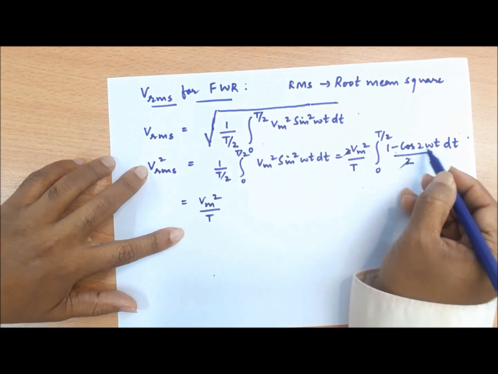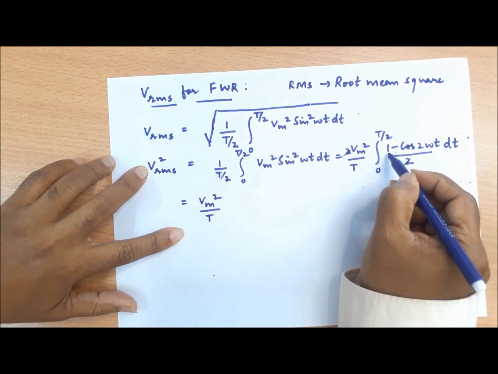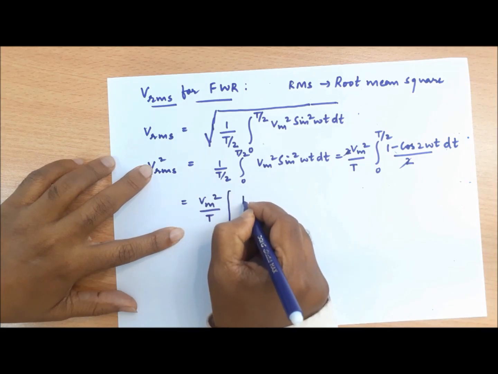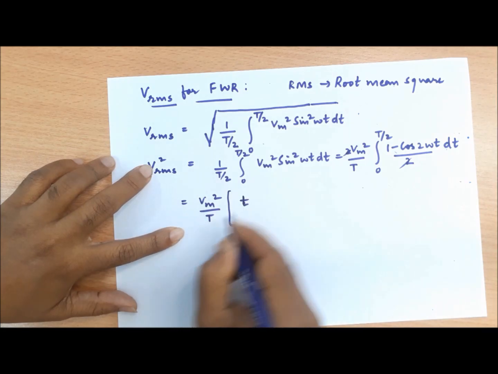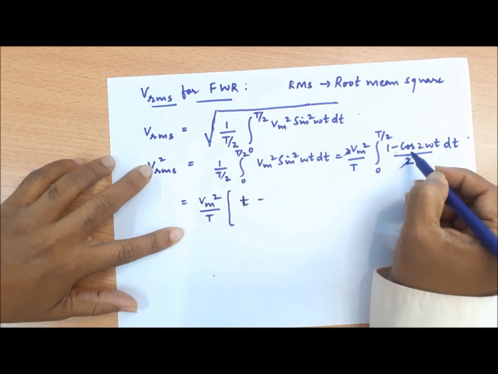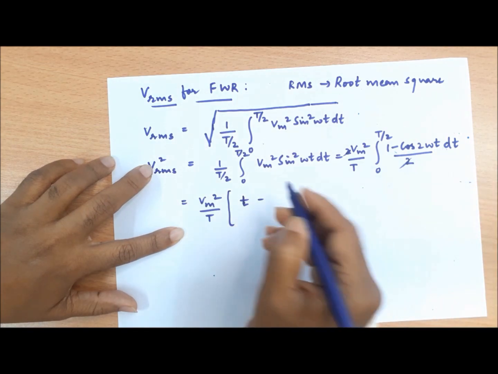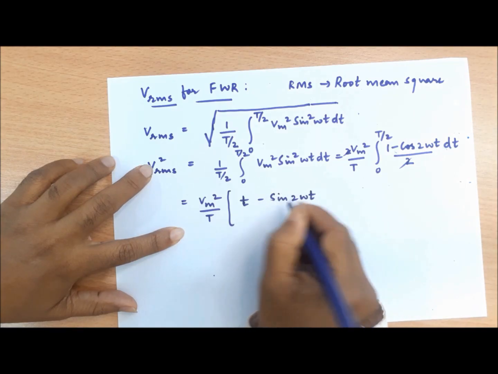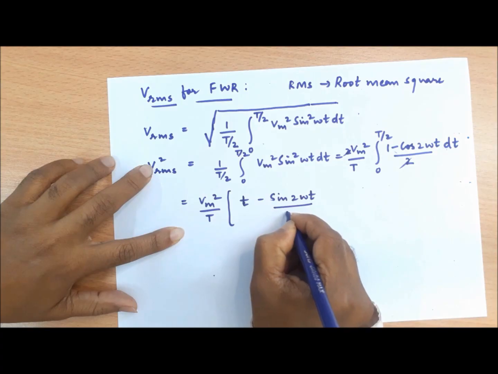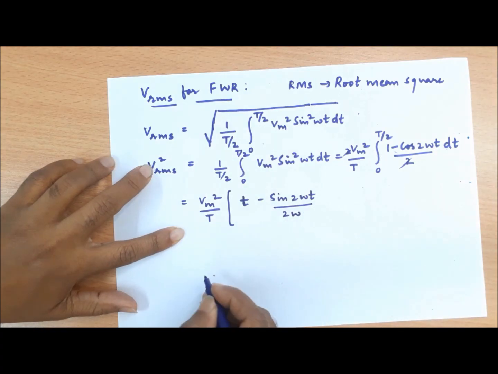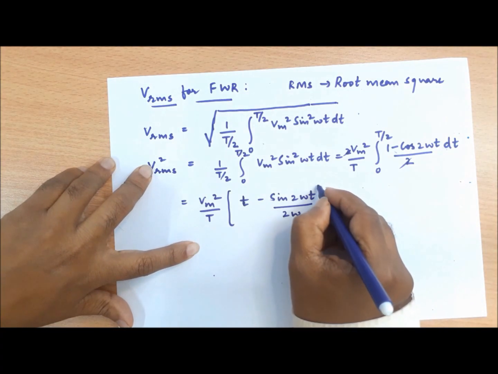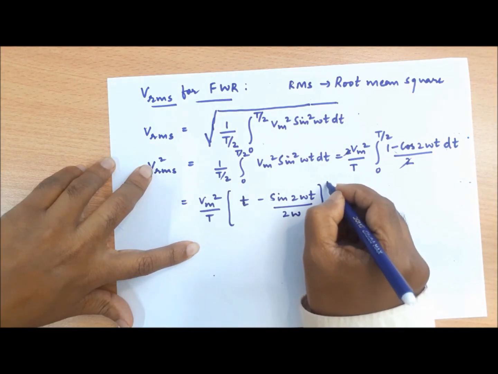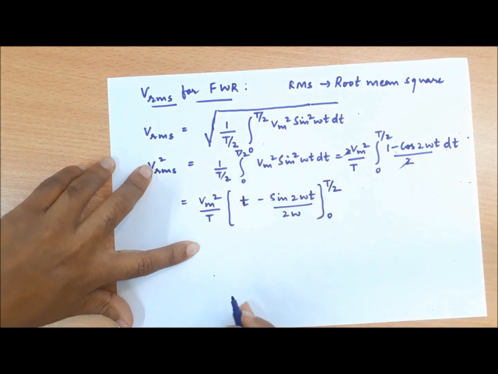Now performing integration, the integration of 1 with respect to dt is t, minus the integration of cos 2 omega t, which is sine 2 omega t divided by 2 omega, again considering the limits 0 to T by 2.